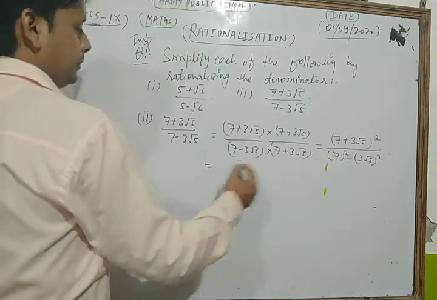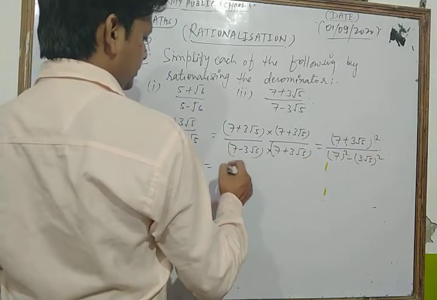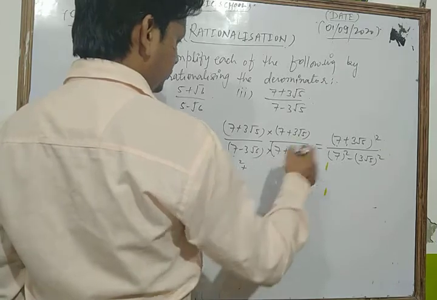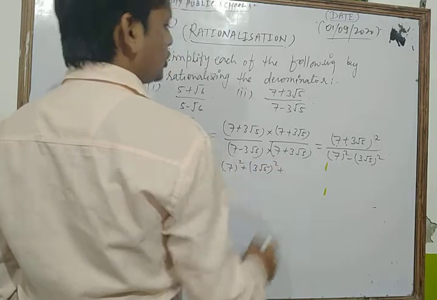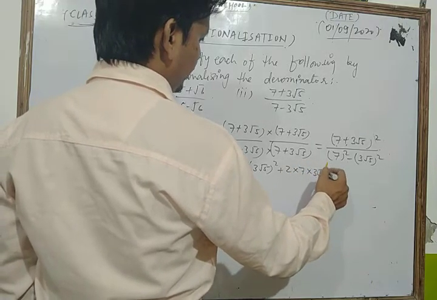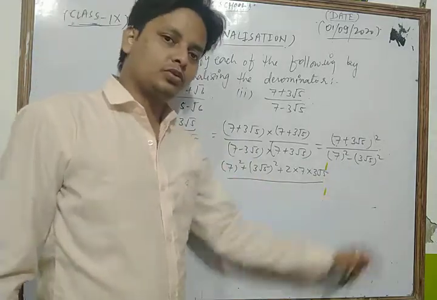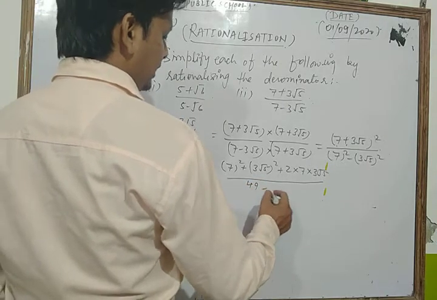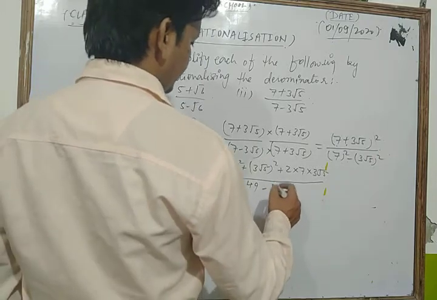Now here, apply a plus b whole square, so we get a square means 7 square, plus b square as 3 root 5 square, plus 2ab means 2 into 7 into 3 root 5. Now in the denominator, this is a square minus b square, so we get 7 7s are 49 minus 3 3s are 9, 5 9s are 45.